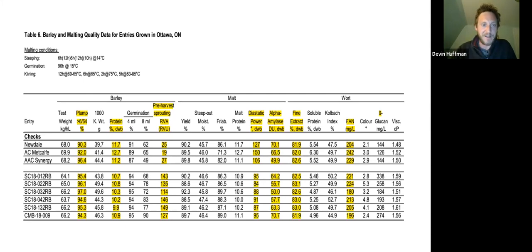Harvest sprouting I've highlighted here, and that's been our number one cause of barley failing quality in the last 5 years. When you average it out, we're probably rejecting 40% of the contracted acres on account of pre-harvest sprouting.